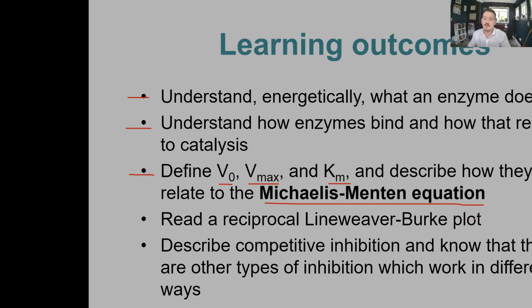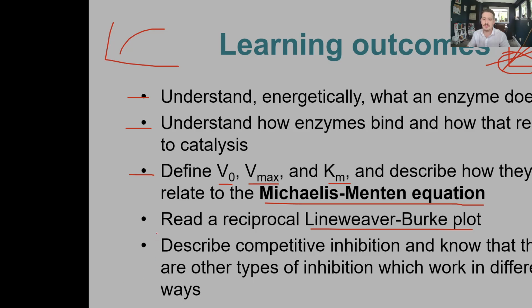And then these reciprocal Lineweaver-Burk plots. You remember that the enzymatic reaction has got a curve, but sometimes we like to instead use a straight line. I remember there was probably a question on it on the exam with the straight line. And it may not have really seemed super important in Biochem 1, but Lineweaver-Burk plots become a lot more important in Biochem 2, because with inhibitors you can overlay them and you can work out what type of inhibitor it is from that. And that's what we're going to cover on Tuesday.